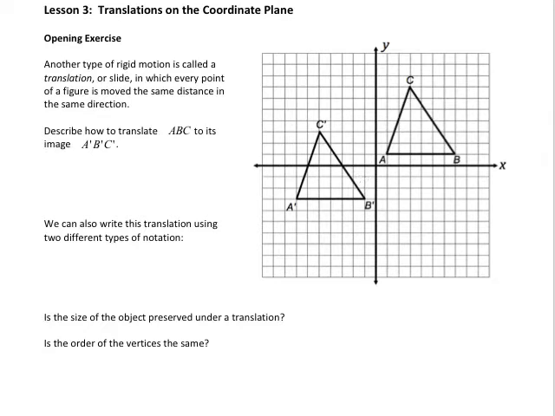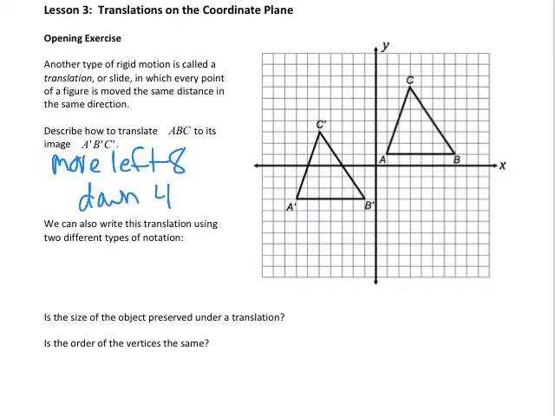So we can say you're going to move the entire image left 8 and down 4, because not only does B move that way, but so does A and C. So we move left 8, and down 4. And that's all we did.